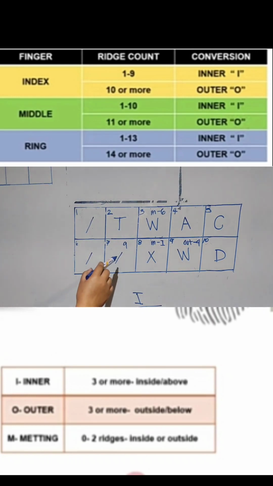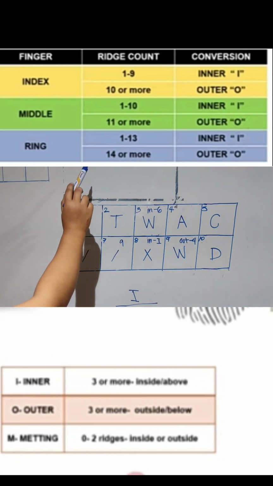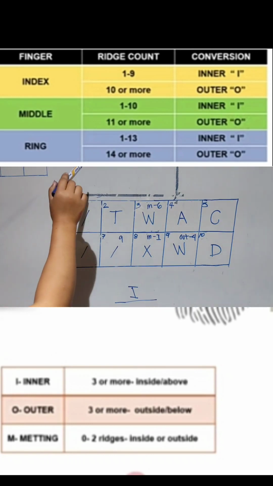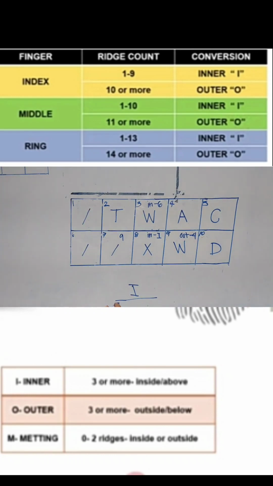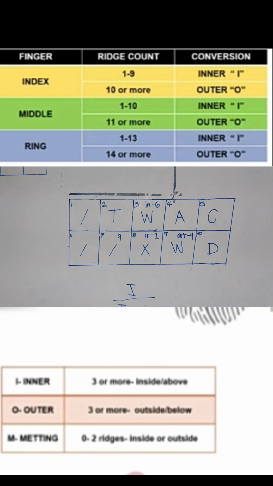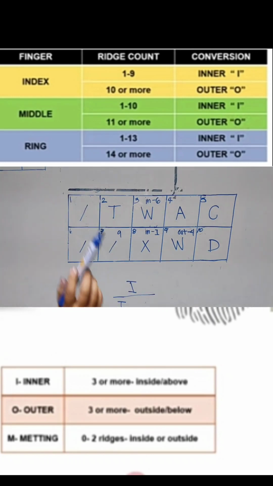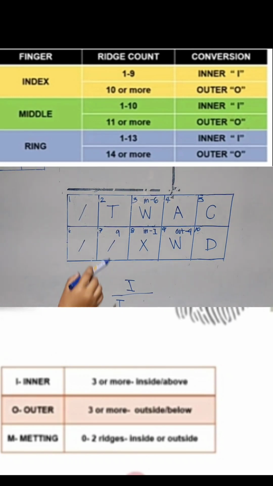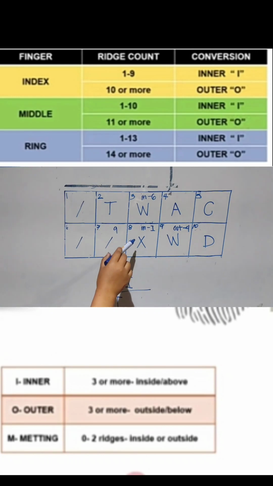And this one is loop, so we're going to use the table. And this is an index finger, so 1 to 9 is inner. Second block is whirl again, so we're going to use the below table again. It is inside, one inside, and it is meeting.